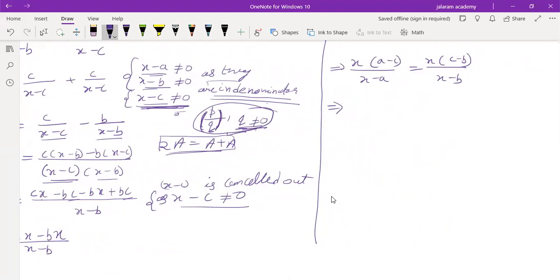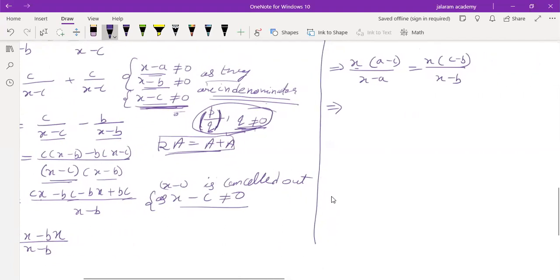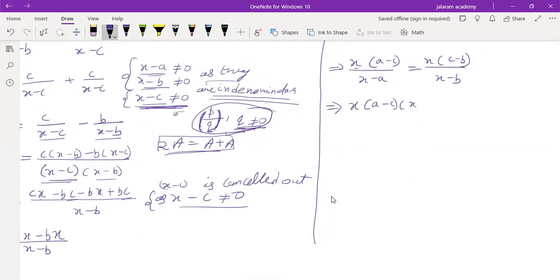We cancelled x minus c as it is non-zero, which was confirmed. But here it is not confirmed whether x is 0 or not, so we cannot cancel it. So what we will do is cross multiply: x into a minus c into x minus b equals x into c minus b into x minus a.